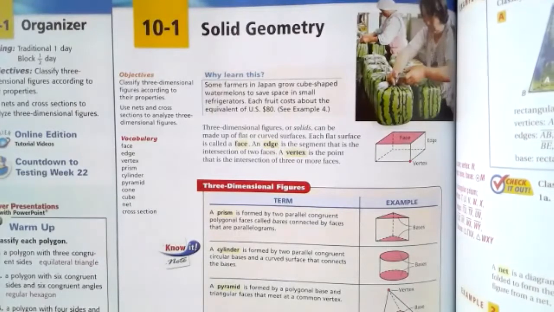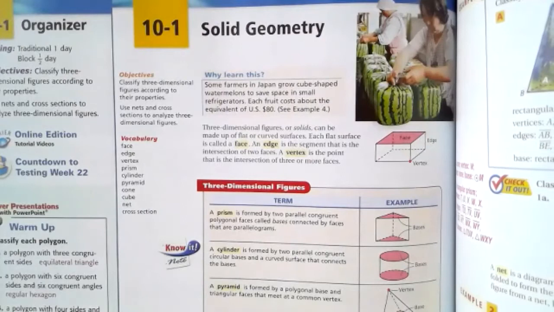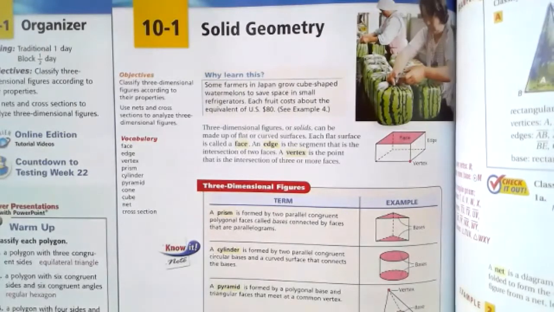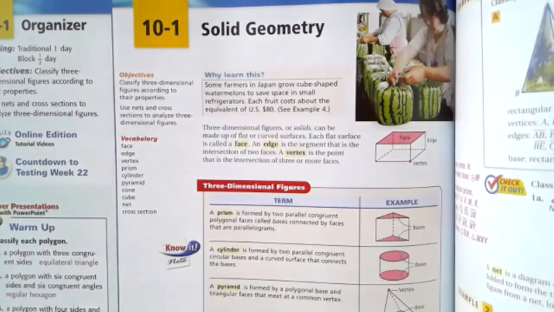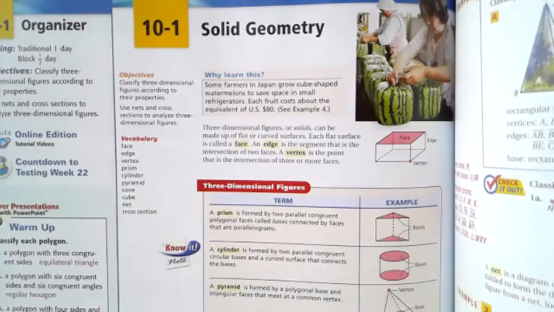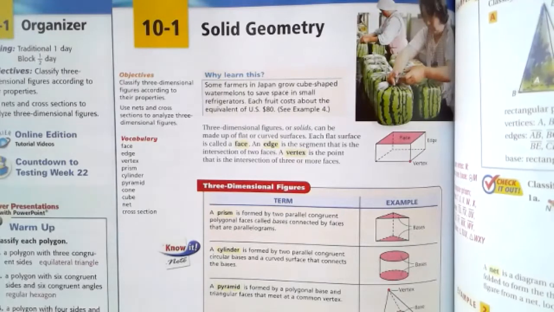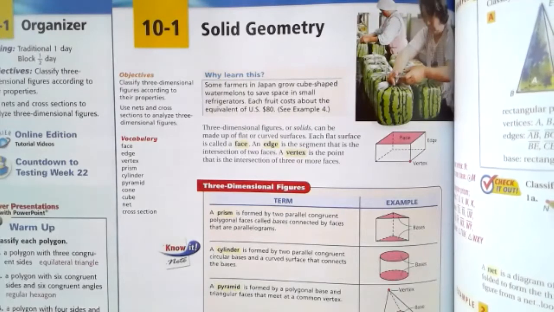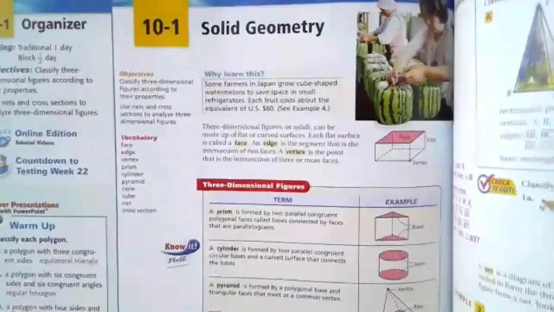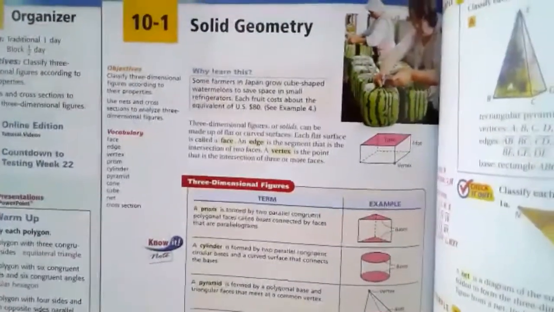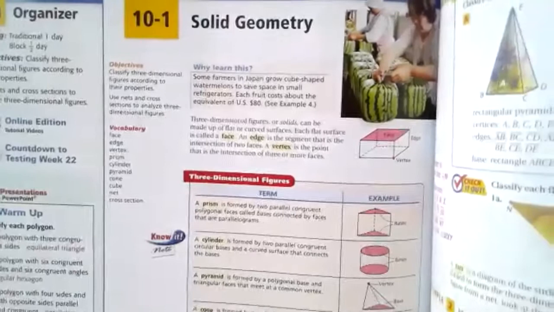Some of you may be going into engineering, some into interior design, and you're going to need to know what these objects are and what the views are. What does it mean when I say the front view or the top view of a prism? What does that look like?